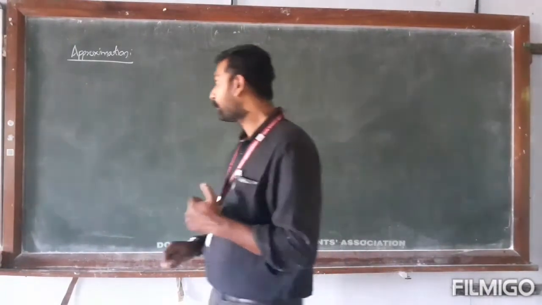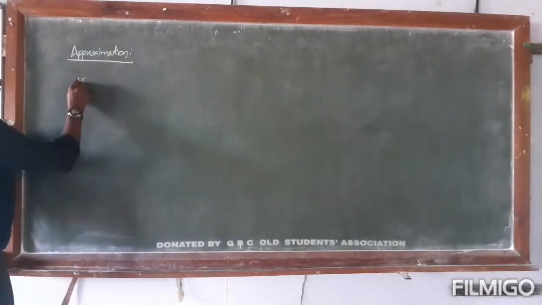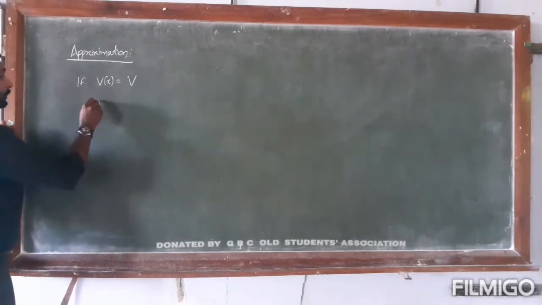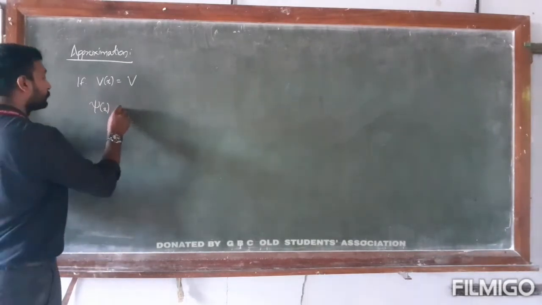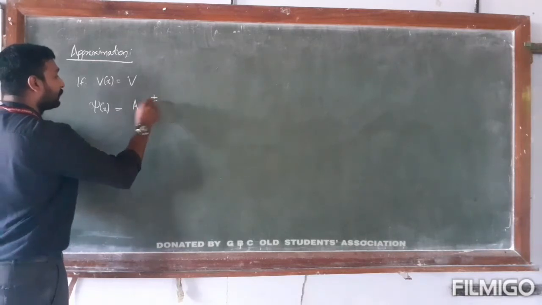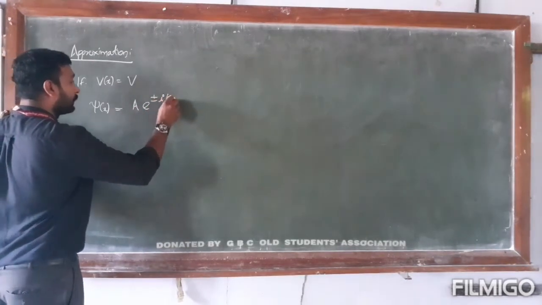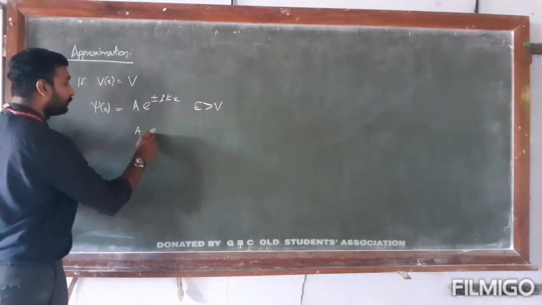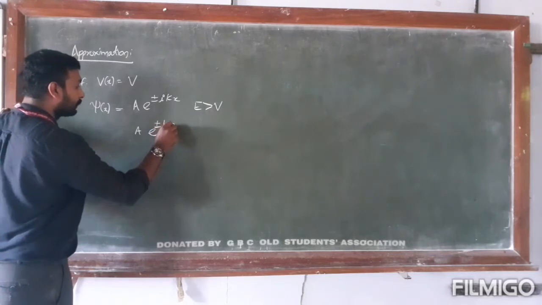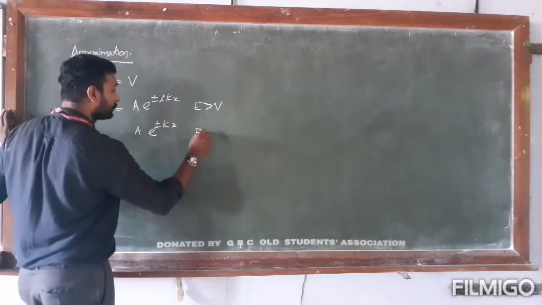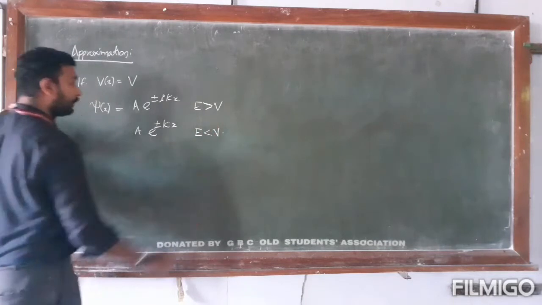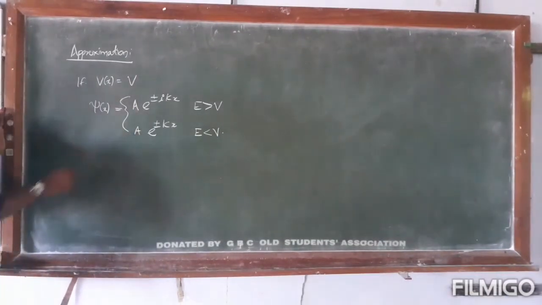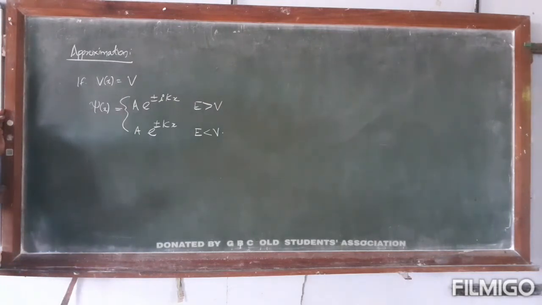If you have a constant potential, if V of x equal to V, then the wave function can take the form either e raised to plus or minus ikx for energy greater than V, or A into e raised to plus or minus kappa x for energy less than V.